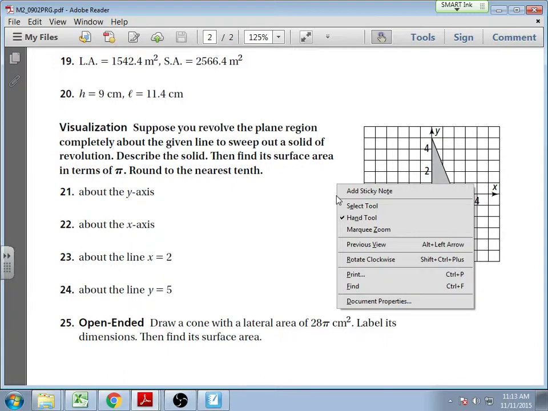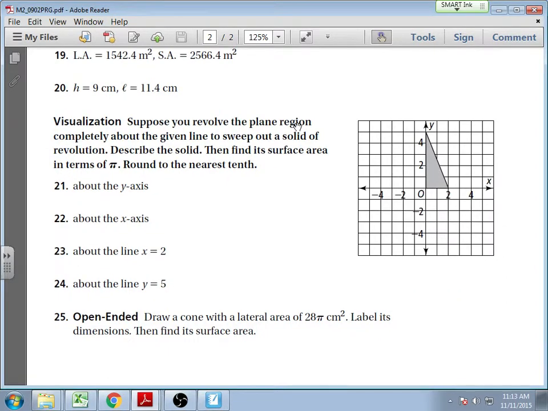All right, so what questions do we have here? So if you take the line y equal to 5, that'd be this line here. It would rotate up and around. It's going to make a cylinder missing a cone.